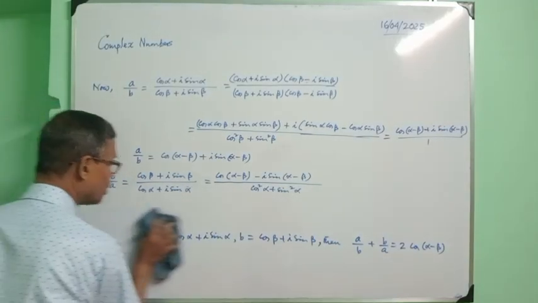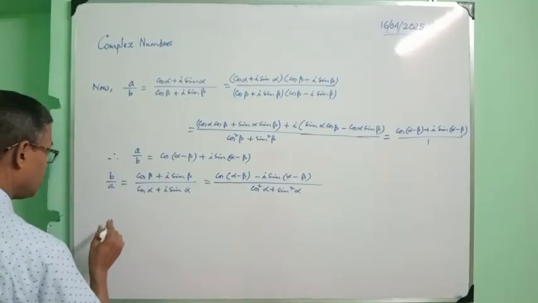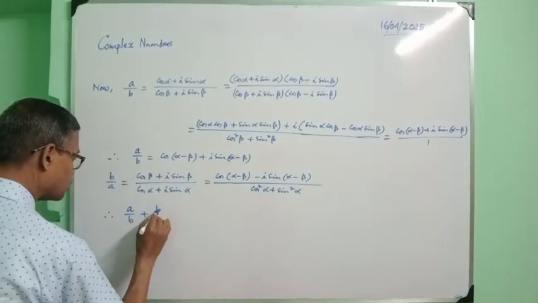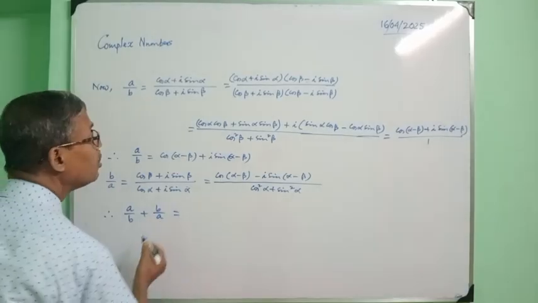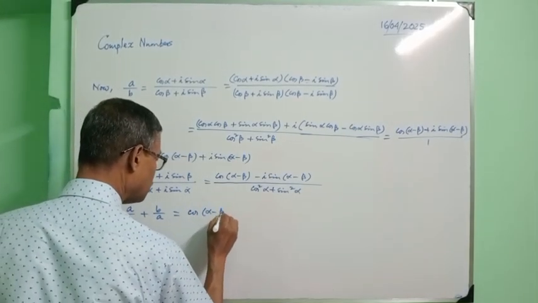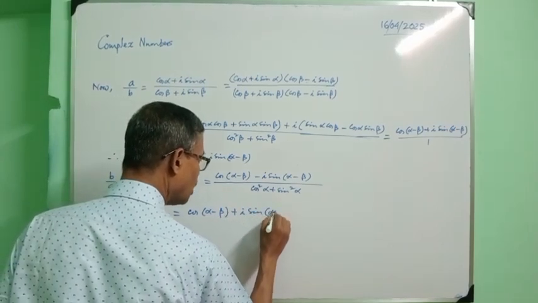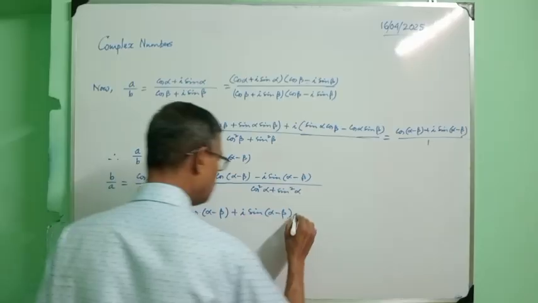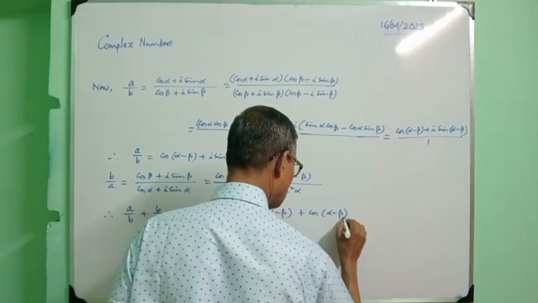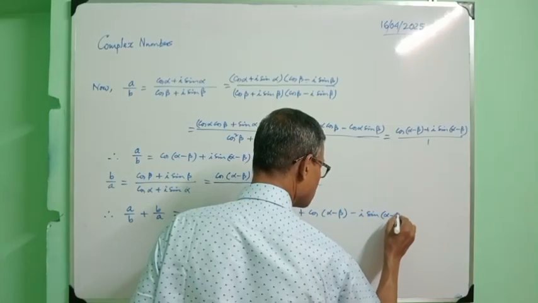Then we just add these two. Therefore, a by b plus b by a will be equal to cos of alpha minus beta plus I sin of alpha minus beta plus cos of alpha minus beta minus I sin of alpha minus beta.